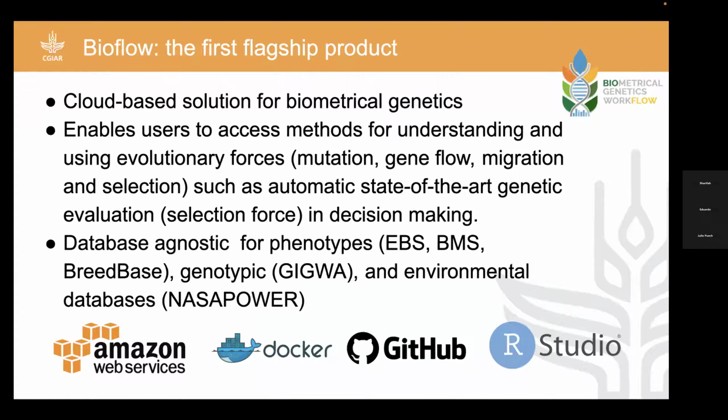It is a database-agnostic resource, so we can take data from different types of phenotypic, genotypic, and environmental databases. We are talking about EBS, BMS, BreedBase, GIGWA, NASA POWER, and creating this interoperability to bring everything together and perform state-of-the-art genetic evaluation.